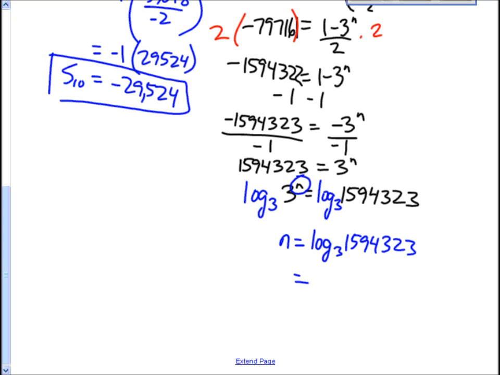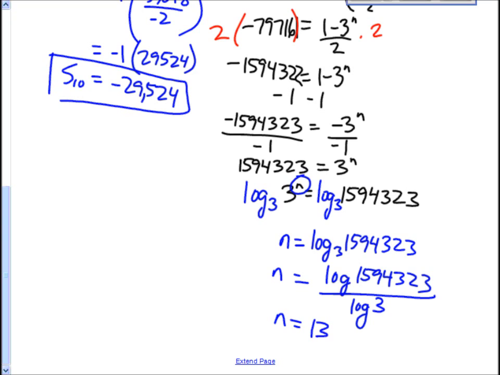If you don't have that, you've got to change your base. If you only have a calculator that does log base 10, then you're going to have to put it in like this: log, I'm not going to write the 10 there, it's assumed to be 10 if I don't write it. So log 1594323 over log base 10 of 3. Anyways, you punch that in and you end up with an n of 13.